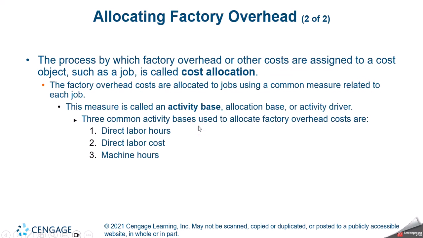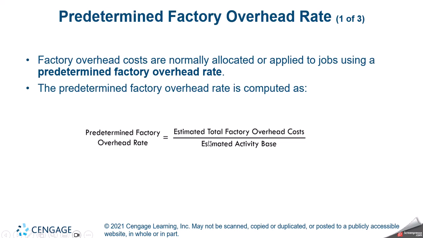So how do we allocate it? We come up with an activity base. We say what activity increases the use of these, like indirect labor or indirect materials. It could be direct labor hours, direct labor cost, or machine hours. Again, what do you think makes these expenses go up?